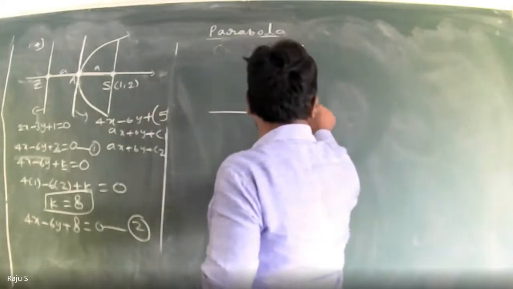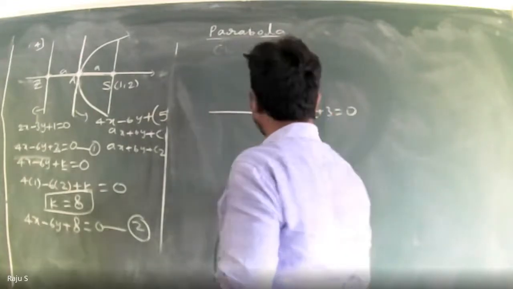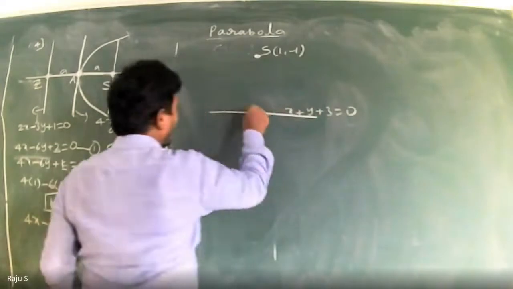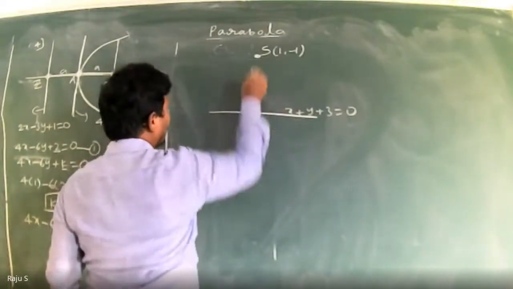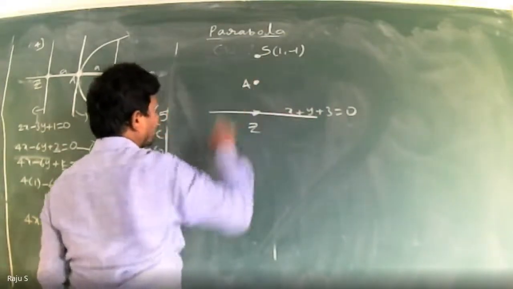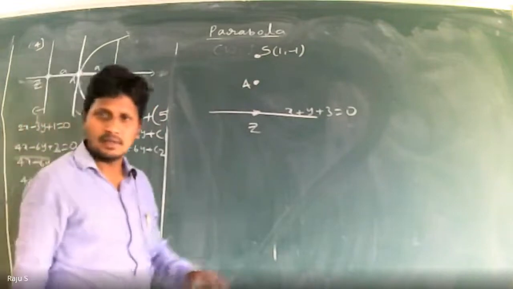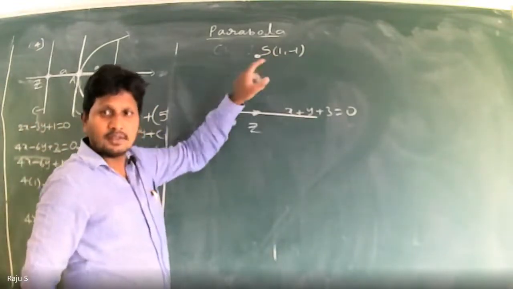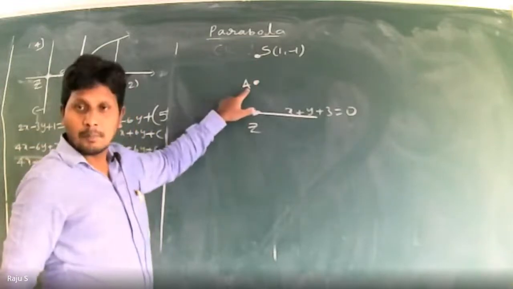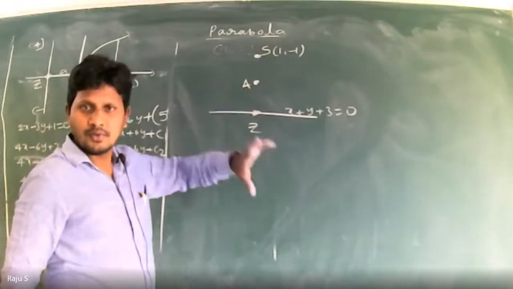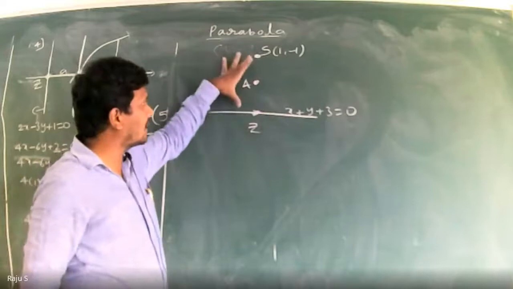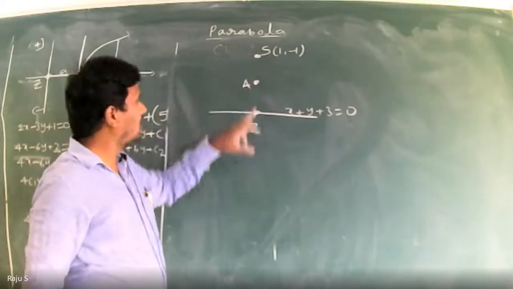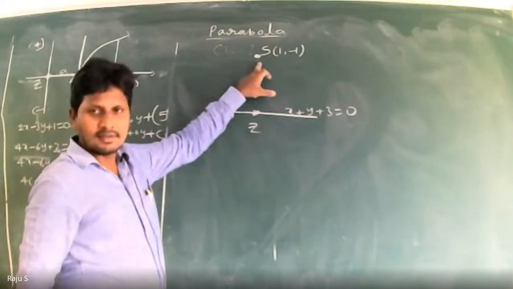Here, this is S, this is Z, this is A. They given the directrix equation and focus, and they are asking the vertex point. Vertex is exactly the midpoint of Z and S.